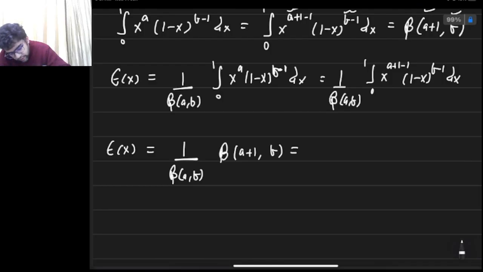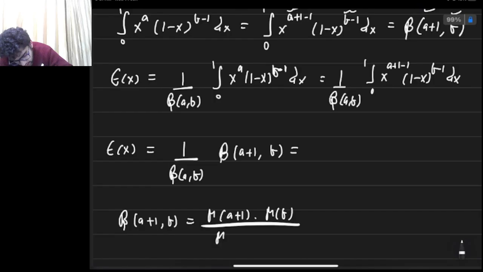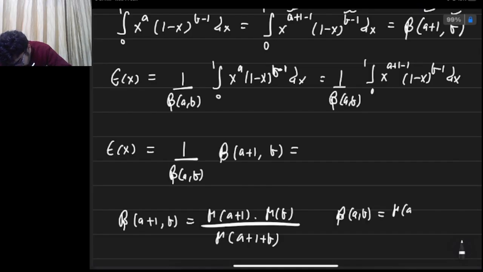So beta(a plus 1, b) will be gamma a plus 1 into gamma b divided by gamma a plus 1 plus b, and beta(a, b) is gamma a gamma b divided by gamma a plus b.